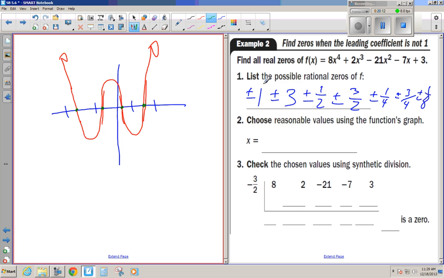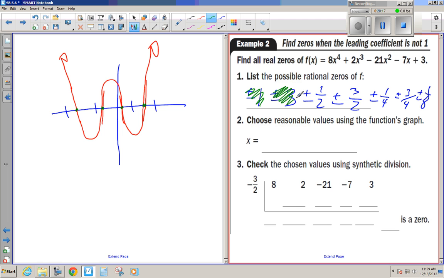All right. And what you got to do, these numbers here, we have to find some values that are close to those. So we know that 1 isn't anywhere close. We know 3, it's not anywhere close. We look at 1/2, and positive and negative 1/2. If you look here, that and that could be plus or minus 1/2. It's possible. 3/2. Well, if you look here and here, plus or minus 3/2 is also something that could work. This number right here could be 1/4.